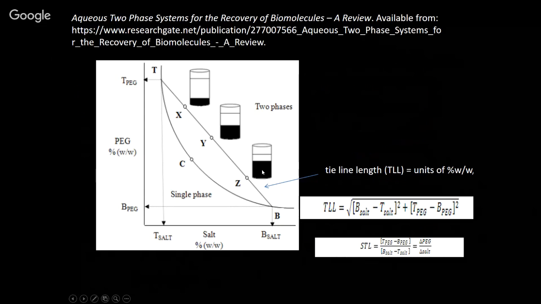This is just a representation, whereas if you look at this point, it will have less salt in the bottom phase, and so on. So this is how you can develop your relationship, and you can get the concentration values from the intersection points. There are many equations for fitting this graph also.